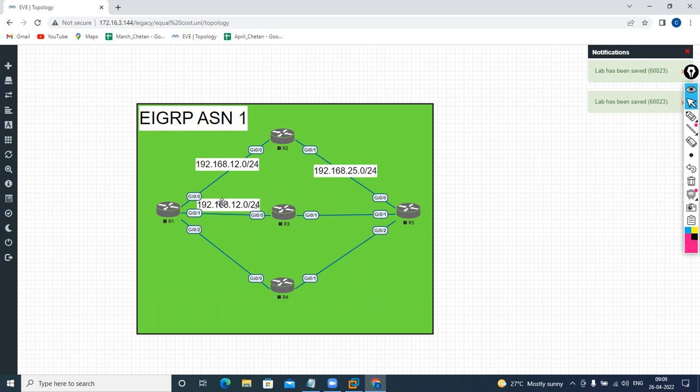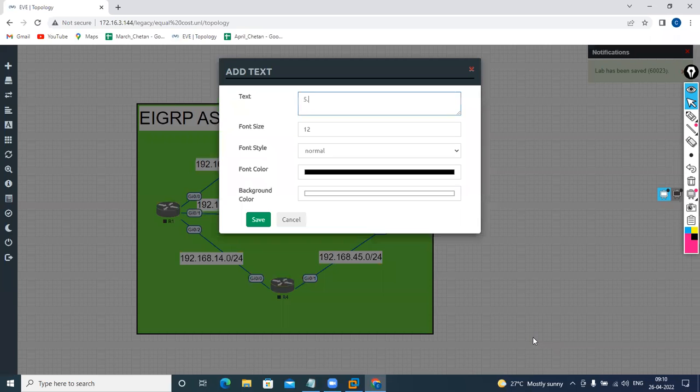This is 13.0. 35.0, 14.0, and we have 45.0. And we have a loopback on R5, that is 5.5.5.5/32.